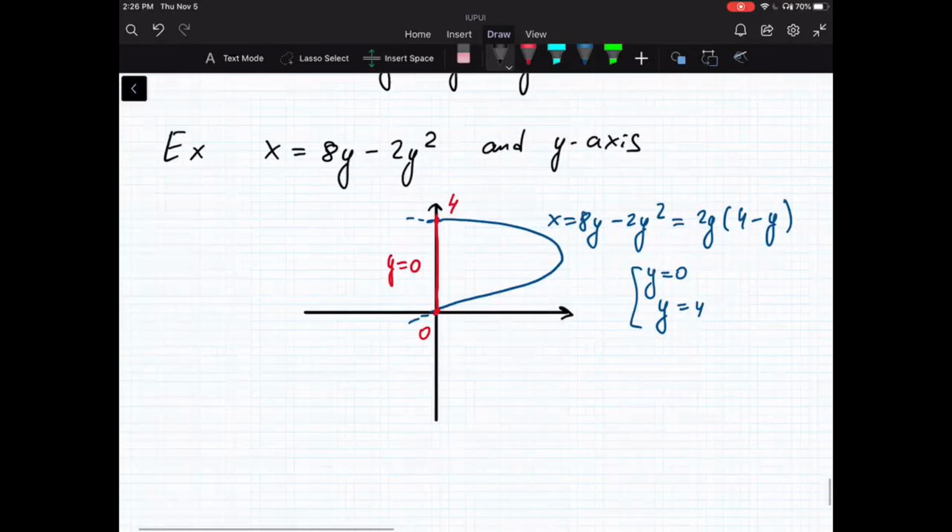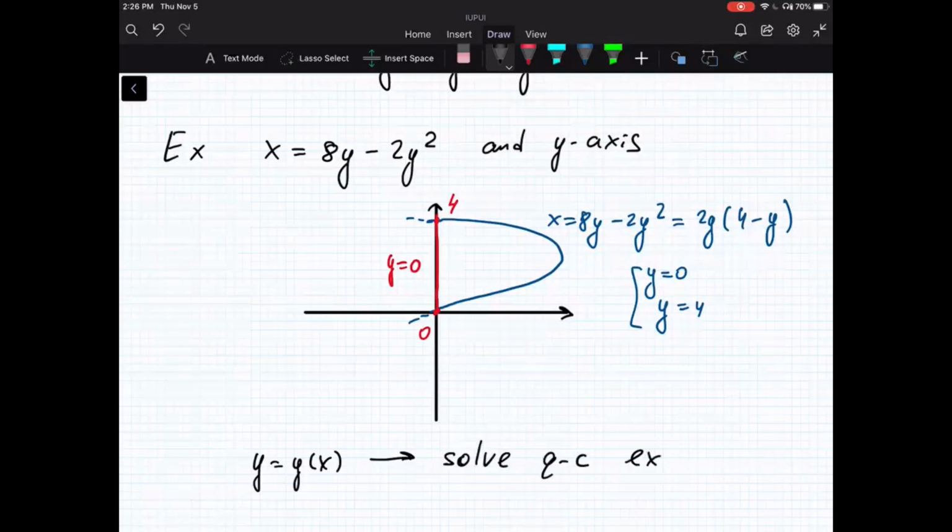Of course, in this case, you can try to express y in terms of x, but then you need to solve a quadratic equation and then integrate something that contains a square root, and so it doesn't look very nice.